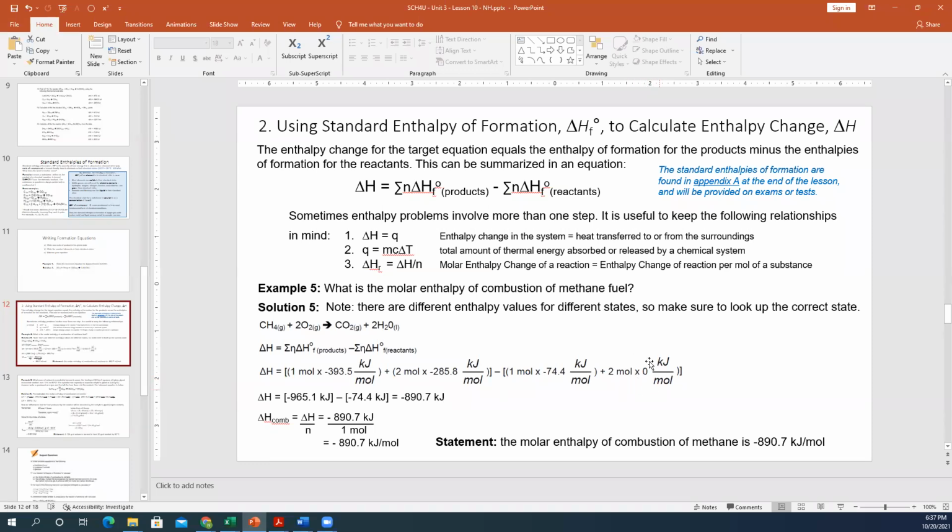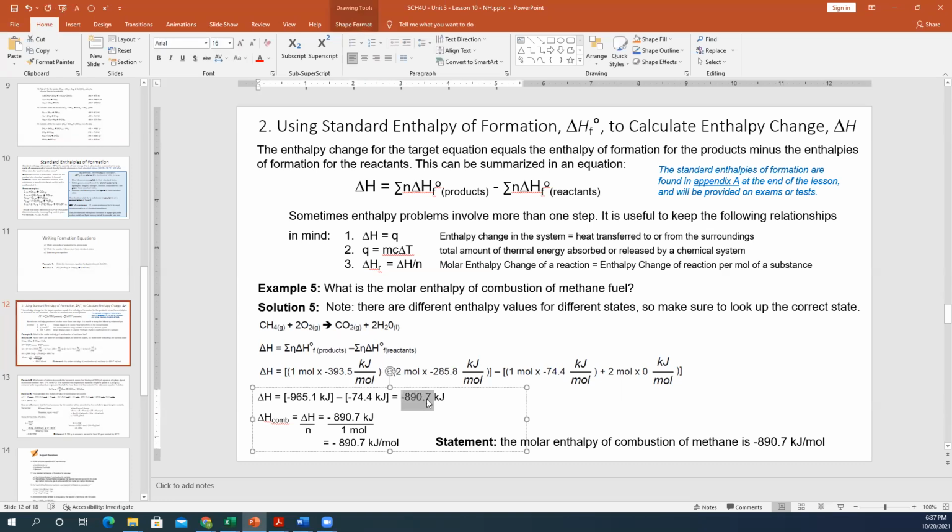The correct thing to do is to give it a value of 0. Then it's just careful math. You multiply these out, moles and moles cancel out, and you end up with kilojoules. Again, 2 times this value, moles and moles cancel out. You add this side, and you end up with this value, minus, and you do the same for this side. You add it all up, so minus negative 74.4. You do your math carefully, and you should end up with this.